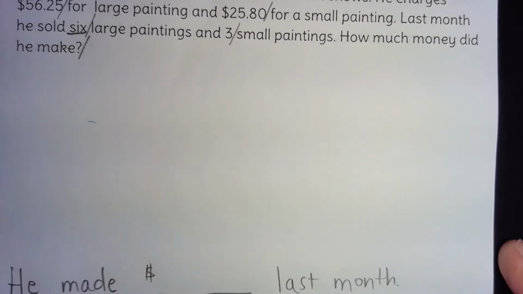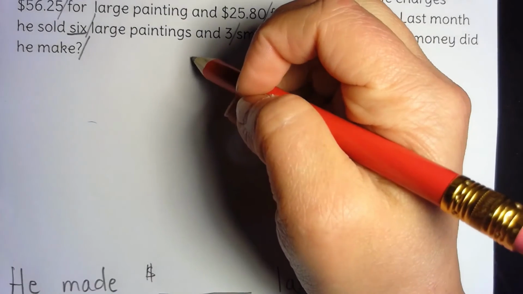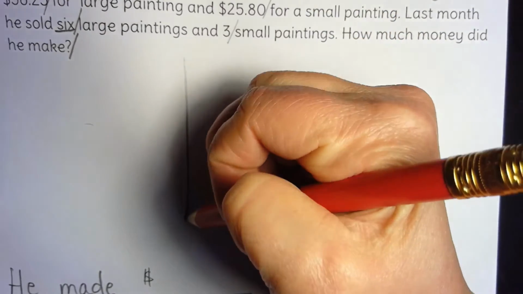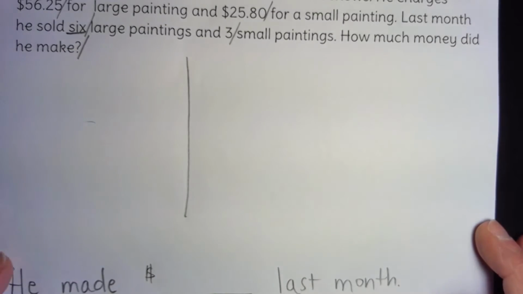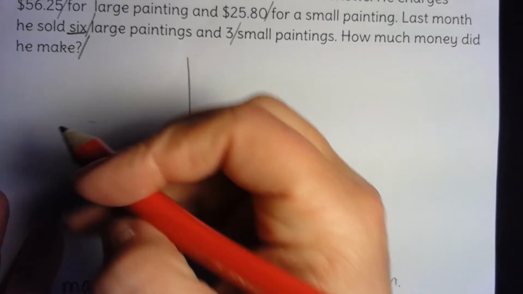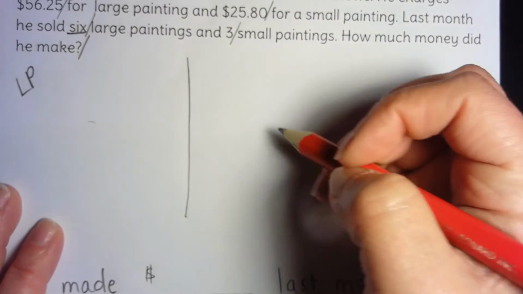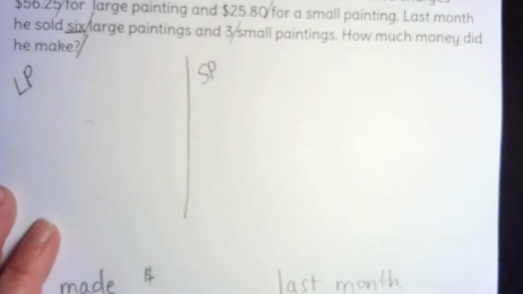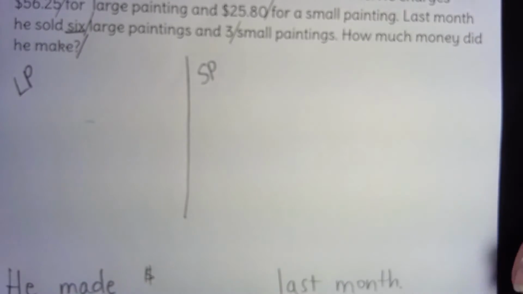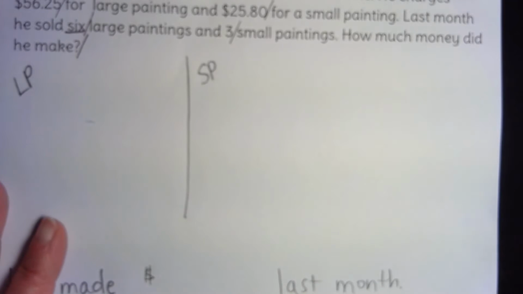So it makes sense to, first of all, split your workspace, because you know that this is at least a 2-part problem. And then it also makes sense to figure out how much he is making on large paintings and how much is he making on small paintings.